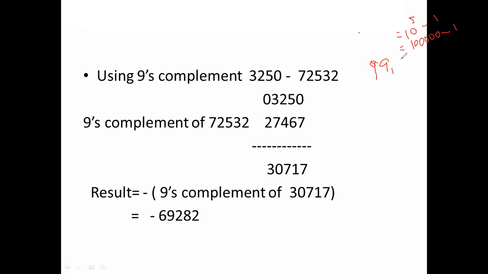So that is 99,999. Easily we remember how many digits are there, that many nines will be taken. 99999, from that 72,532 is subtracted.